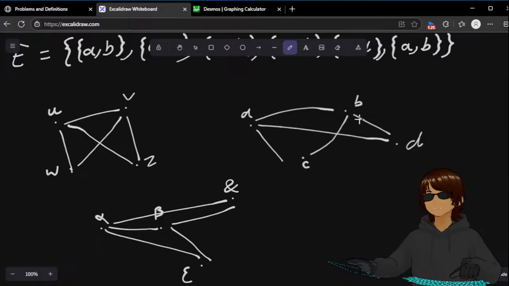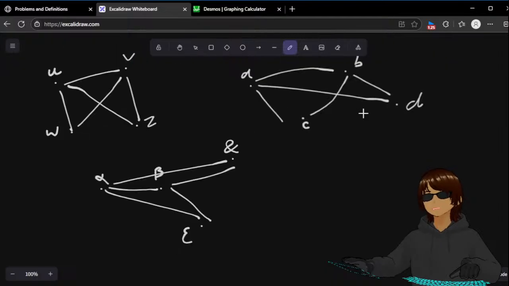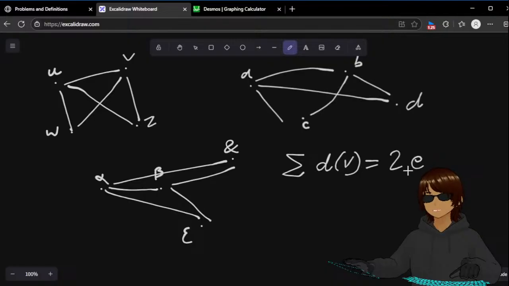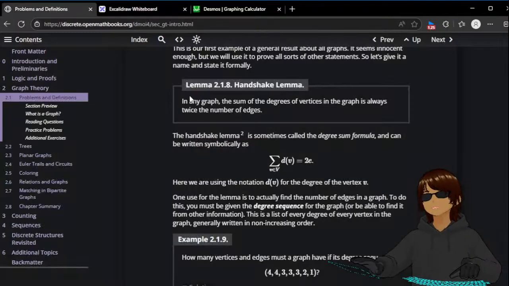So the edges get counted twice. So the total degrees for all vertices, the sum of them, is twice the edges. We have a number of edges, but when we count the degrees, we count twice the edges because we are counting each edge twice, once with one vertex and once with the adjacent vertex.